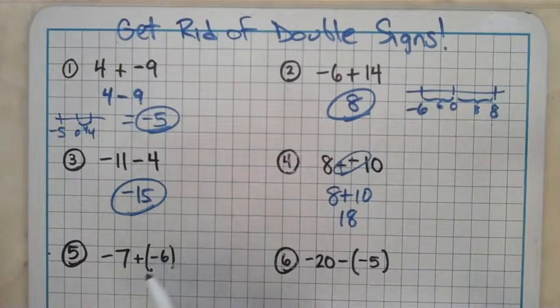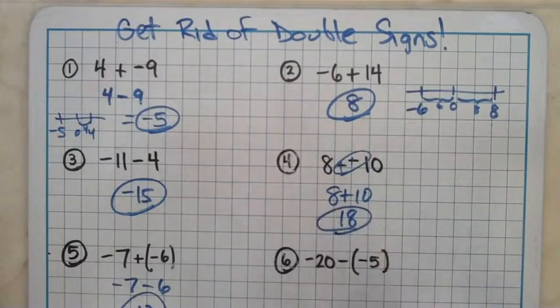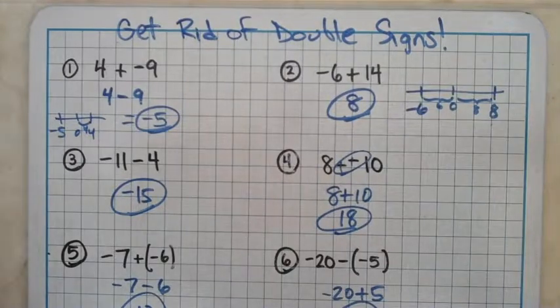Even though it's in parentheses here, it still means we're adding on a negative, so our answer is going down. Negative 7 minus 6, we're at negative 7, we go down 6 more, we're at negative 13. And finally, negative 20 minus negative 5, same thing as negative 20 plus 5, positive 5, which is negative 15. So if you rewrite it as a one-sign problem, it makes it a little cleaner and easier to deal with.